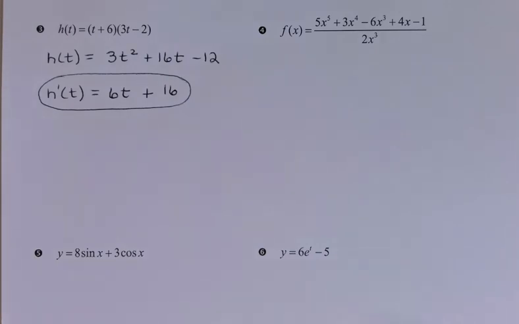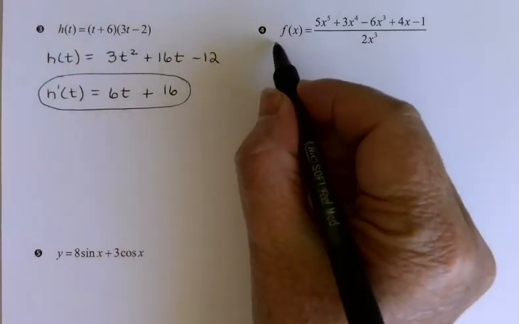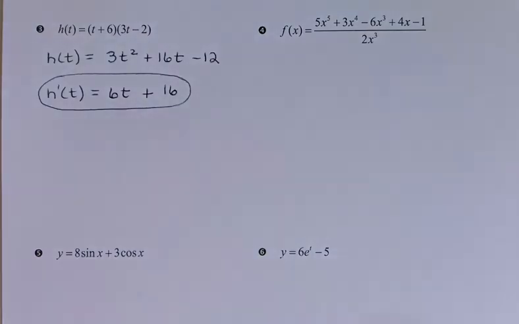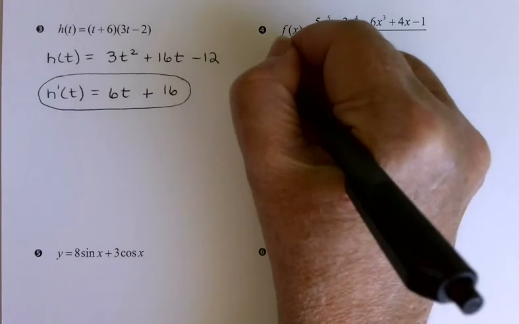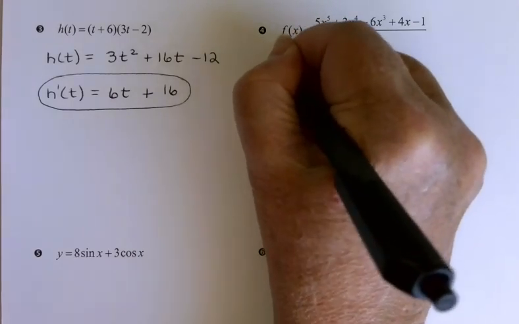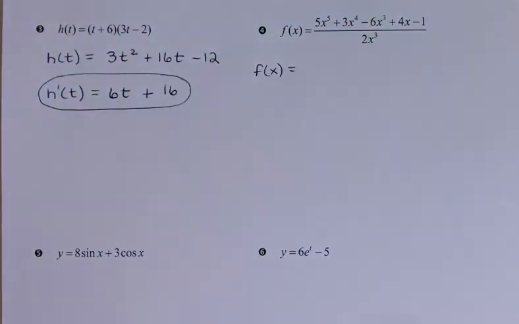Number 4, also a form that I cannot take the derivative of right now because it's a quotient. And we only had rules for sums and differences and constant multipliers, right? So I'm going to have to divide first before I take the derivative. So let's do that. Still f of x, I'm just simplifying.